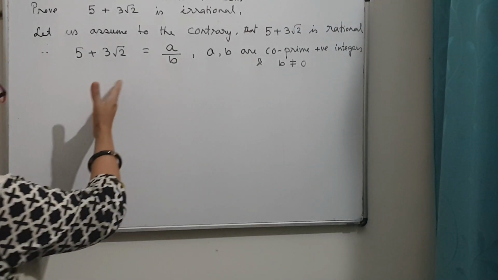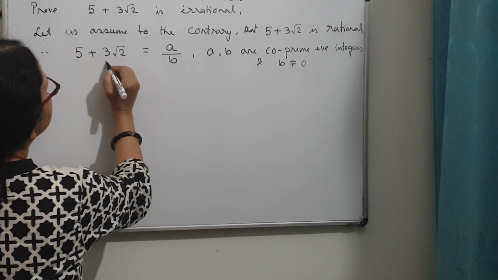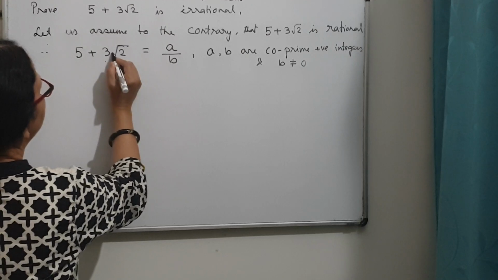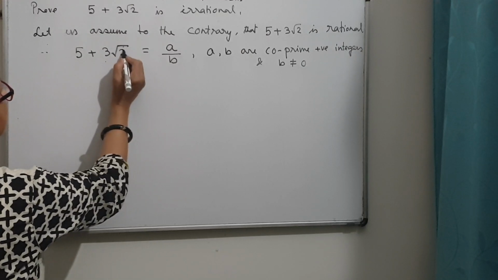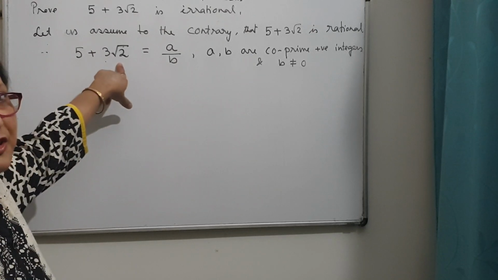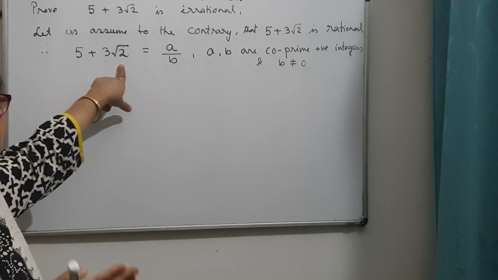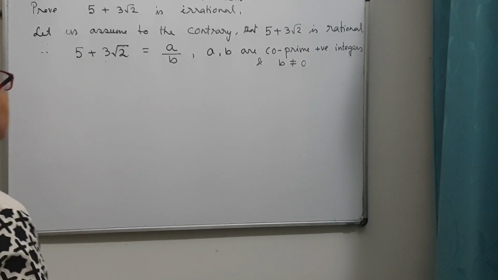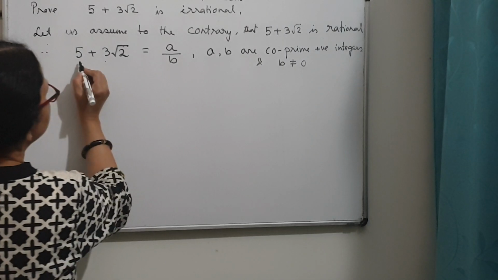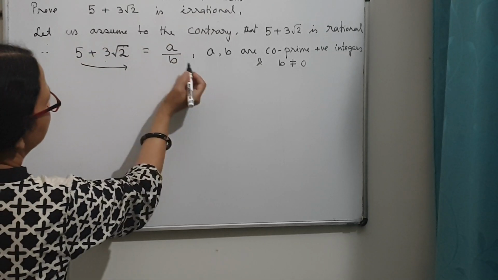So what we'll be doing here, you see, there is a square root. I know the square root of any prime number is irrational. 2 is a prime number, so root 2 will be irrational. That I can prove; I have shown you the method of contradiction. 5 is a rational number, so I'll transpose it to the other side.